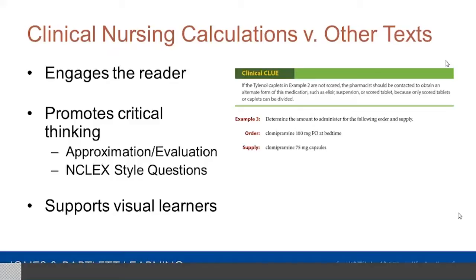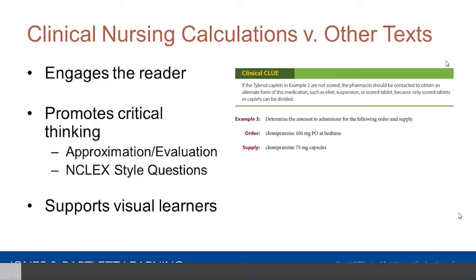This clinical clue appears after a dosage calculation example that yields 1.5 tablets. It was explained in the chapter that tablets or caplets must be scored in order to be divided. Since the example that precedes this clinical clue yields a divided amount, the student now learns that if the caplet is not scored, they should contact the pharmacist for a scored tablet.